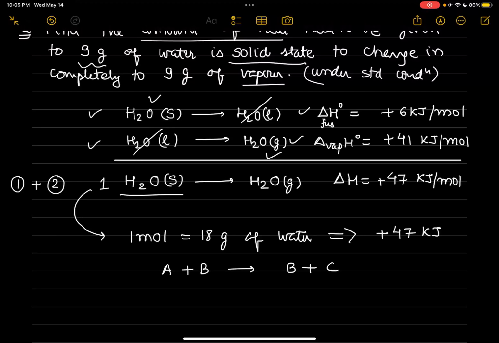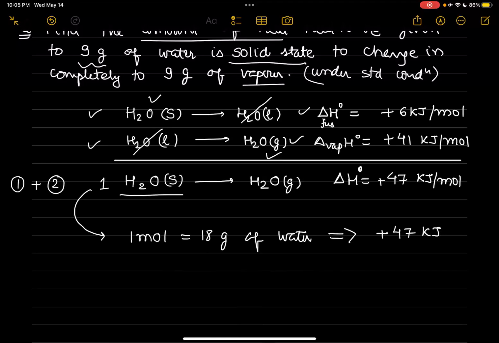So if the same thing is there on both sides, it is unchanged, so let's remove it. It will get cancelled. So A gets converted to C. You added the two equations to get this new equation, so accordingly you should add the delta H values also to get the standard enthalpy change for the final equation. And this equation has 1 mole of water.